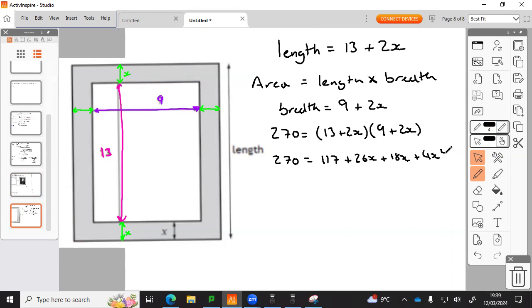Okay, now we're working with something a wee bit better. We want to equate it to 0. Like terms, that's fine.